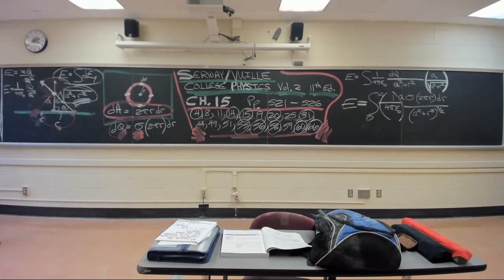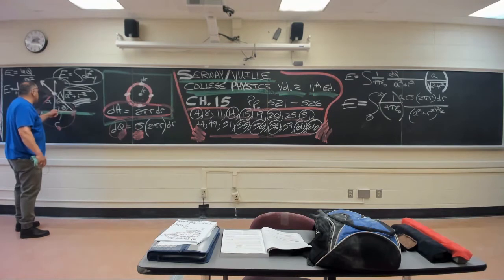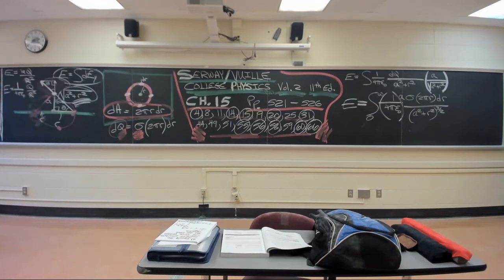Well, with that in mind, if this is theta and this is 90 and this is 90 minus theta, vertical angles are congruent. This is 90 minus theta, that's also 90 minus theta, that's 90 minus theta, this is 90, there's theta again.